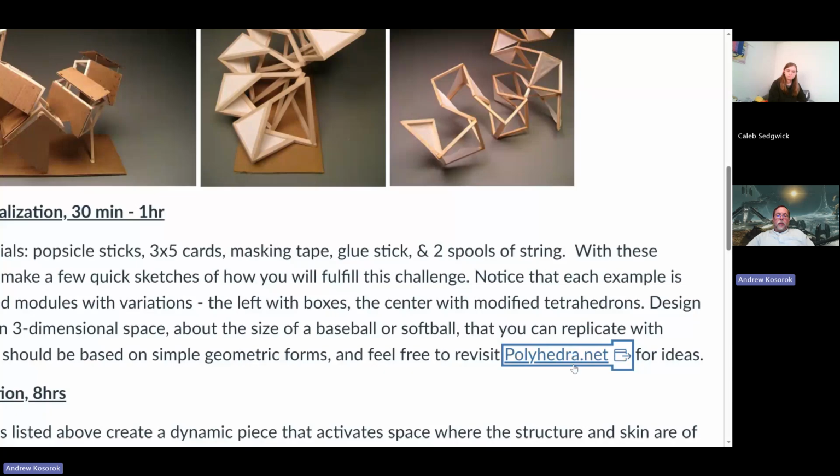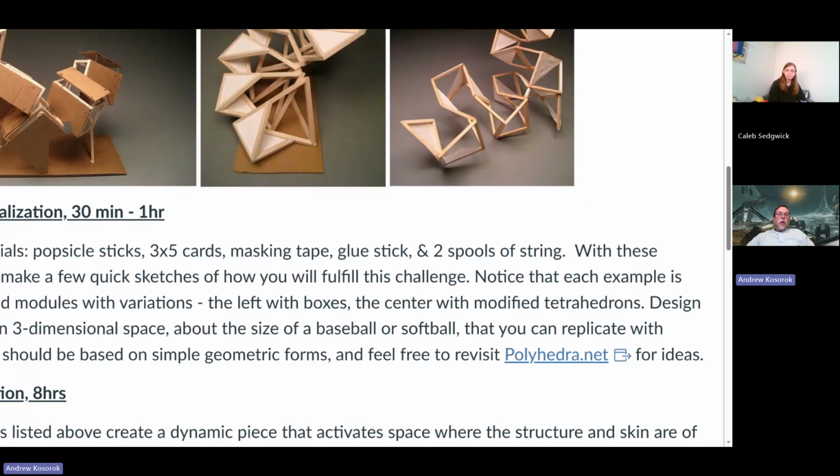As long as you're folding it so it forms in three-dimensional space, that's a good module. It can't be flat. It needs to have three-dimensional structure. Let me show you something really quick. This is why I include this resource on the assignment page, polyhedra.net, the same link you had at the very beginning of the class.